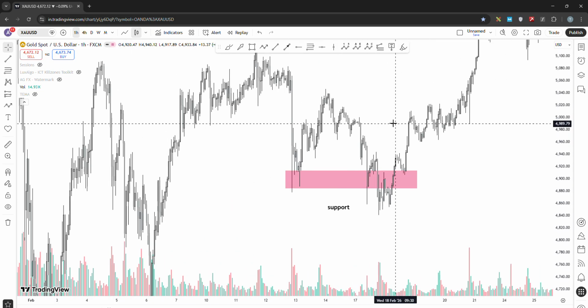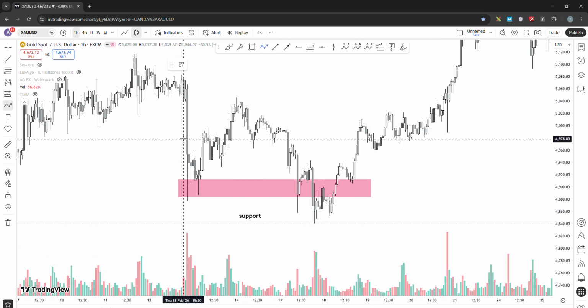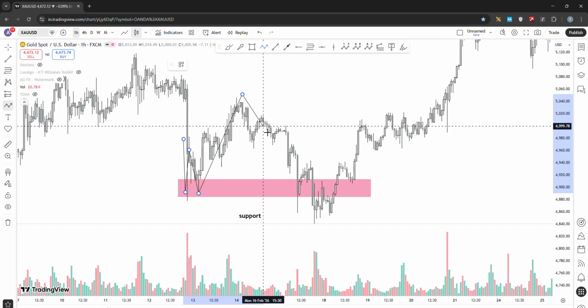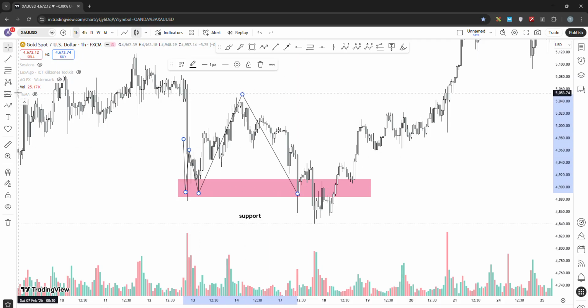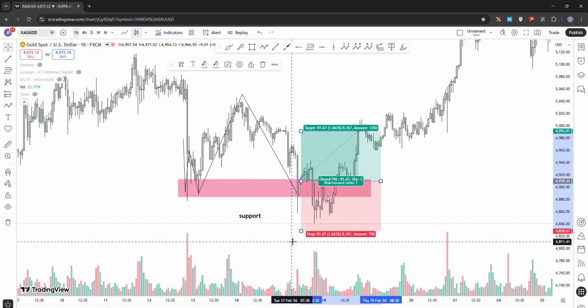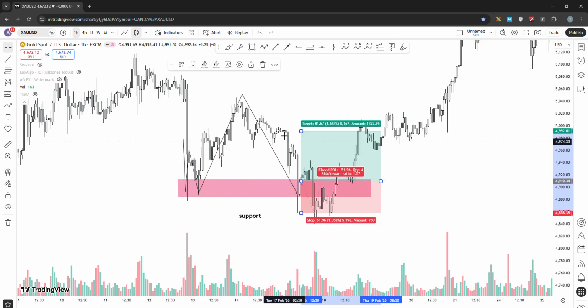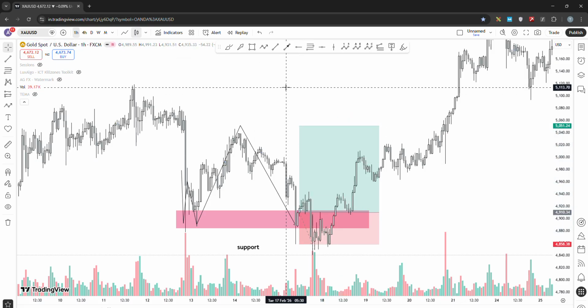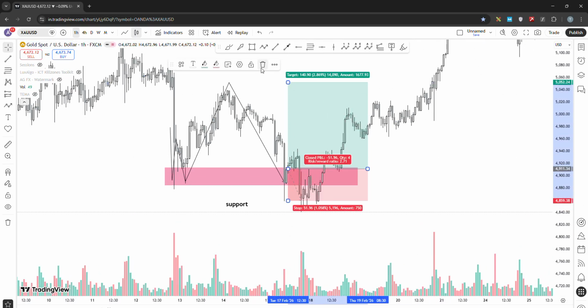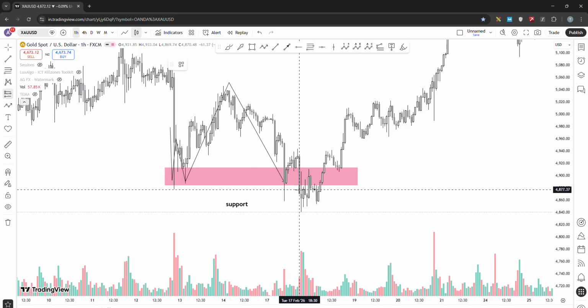If I show you some more examples, we have got another one. You can see the market reacted from here initially, then again there was a reaction, again there was a reaction from here. So the buyers will come into the market once they see this green candle closing, put their stop loss below the low and target these highs, but unfortunately they will be taken out. And once the buyers are taken out, the sellers will come into the picture.